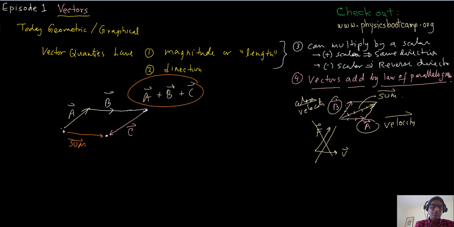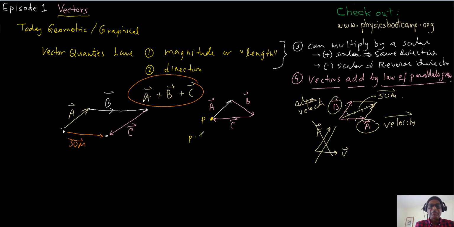Now suppose when I do this, it forms a triangle. So A is like this, B is like this, and we draw C, it just comes right back to where it started. Now this is a very special situation. We started here and we ended in the same place, right? So let's call this point P. Now if you draw P to P, you have a zero size vector.